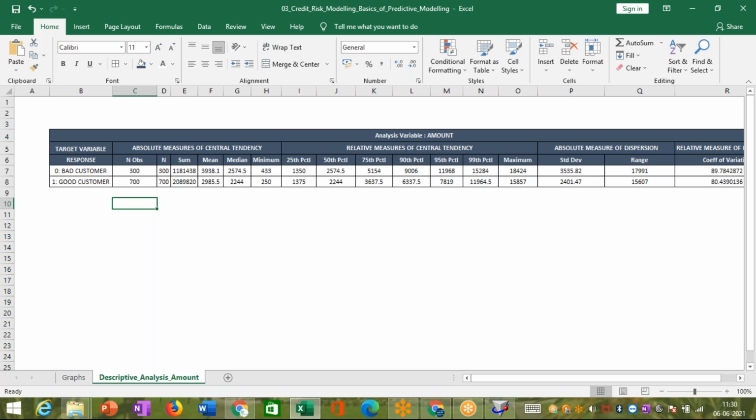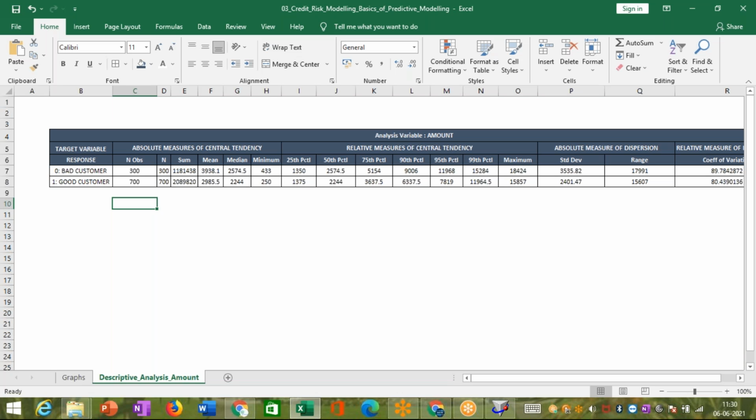The percentage of customers is like this: out of the 1,000 acquisitions which have happened, 300 customers are bad customers, and 700 customers are good customers. So nearly the percentage of the bad borrowers is 30%, or out of the 1,000 acquisitions which were done, 30% of the accounts have turned out to be bad, right? That's something you can clearly see from here.